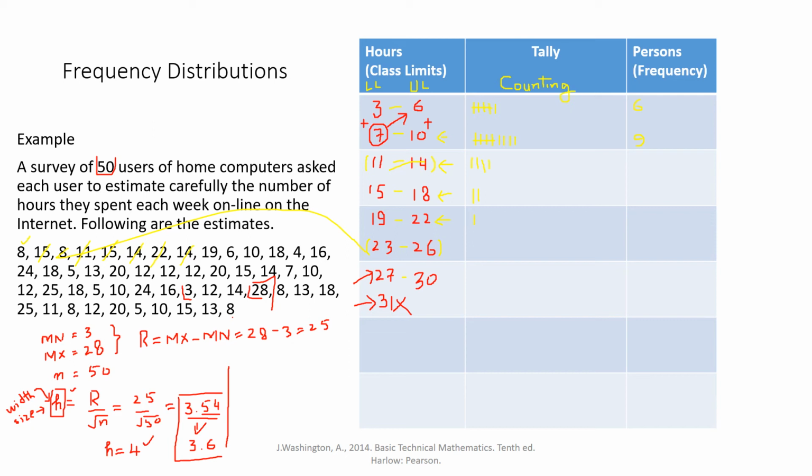So 5, 6, 7, 8, 9, 10, 11, 12, 13, 14, 15 and 16. Now you count them, it will come 16.